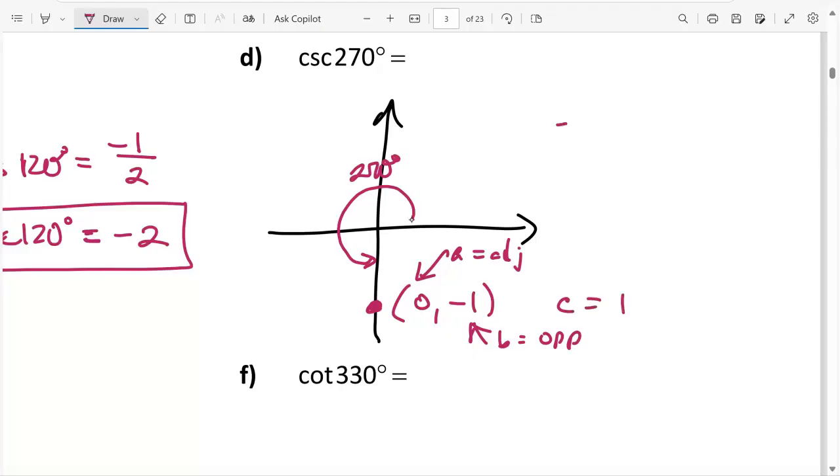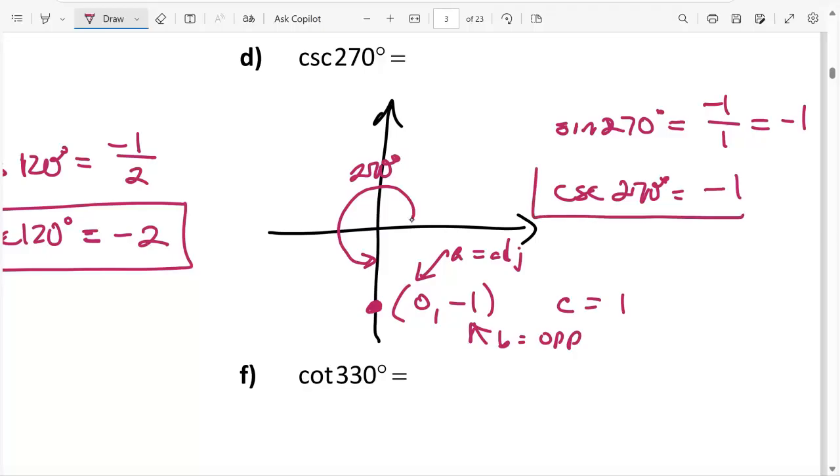Cosecant is the reciprocal of sine, so sine of 270 is opposite over hypotenuse, that's -1/1, which is -1. The cosecant of 270 degrees is the reciprocal of -1, which is -1.